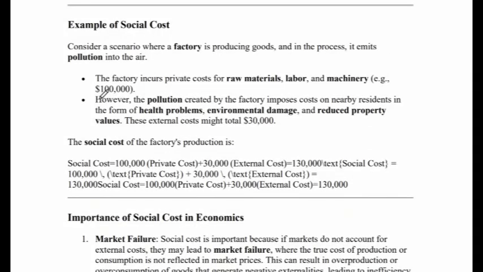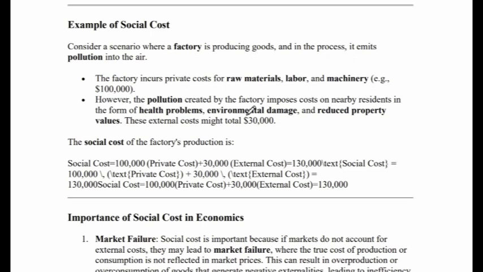Example of social cost. Consider a scenario where a factory is producing goods and in the process it emits pollution into the air. The factory incurs private costs for raw materials, labor and machinery of around $1 lakh.